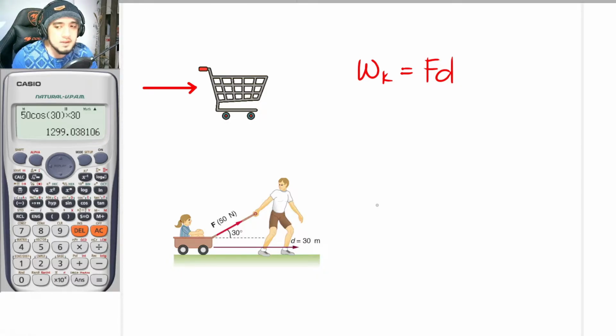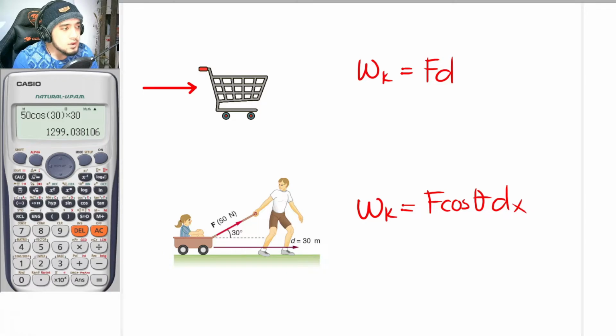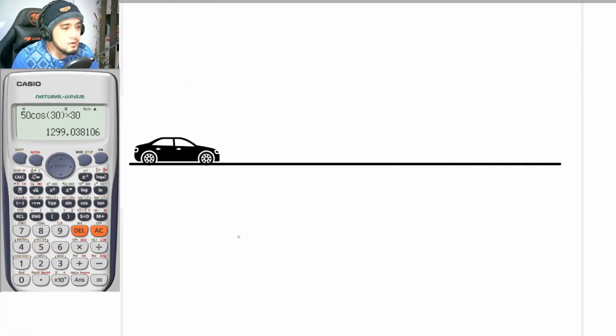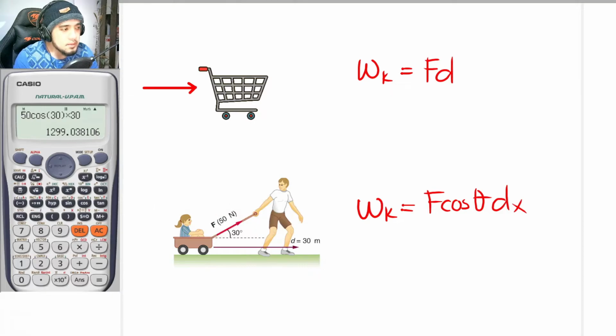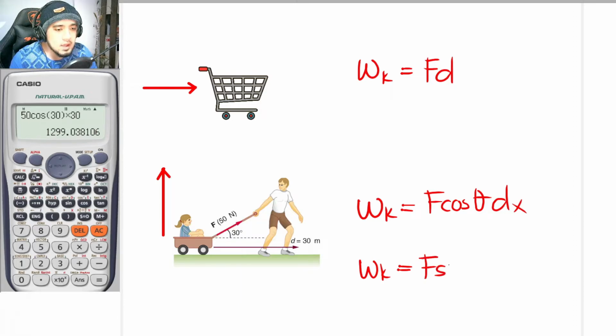In that case, work is equal to F cosine angle times dx. Pretend once again that in this force system the displacement is going up, and your angle is about the horizontal. Work is now equal to F sine theta dy, or Fy dy.